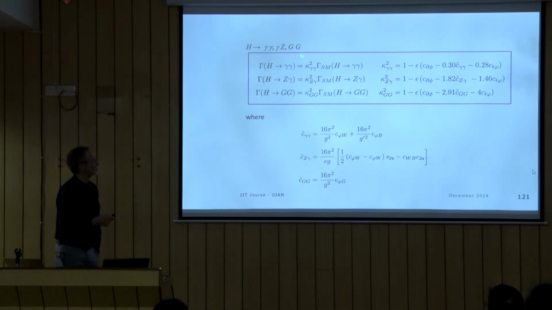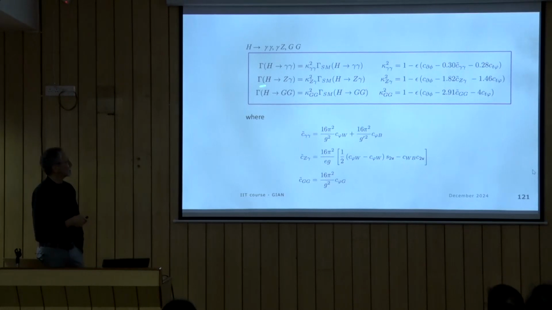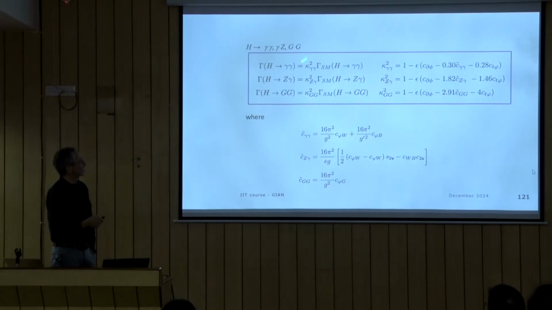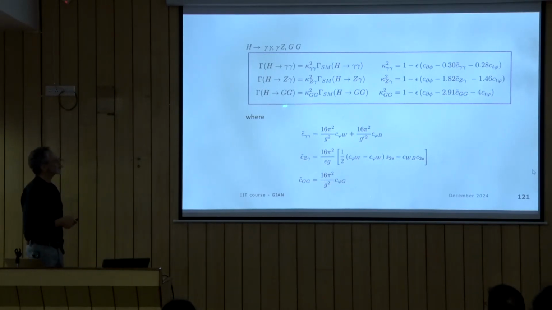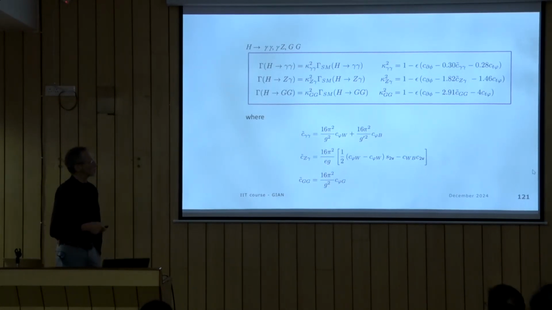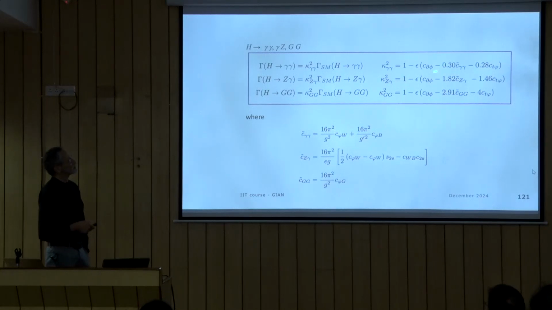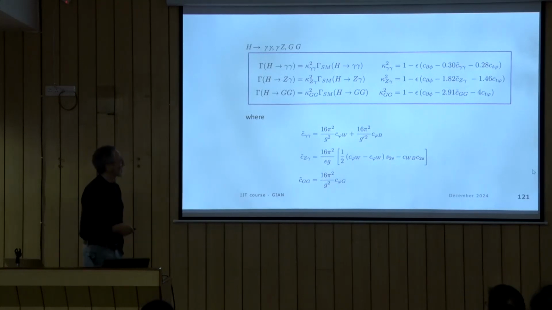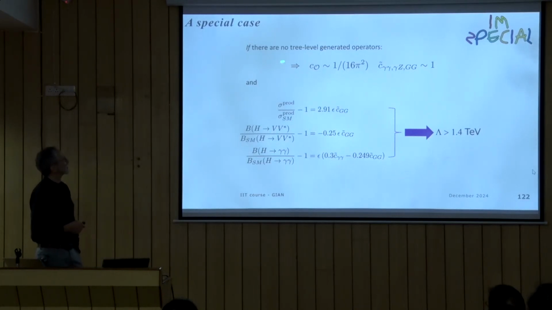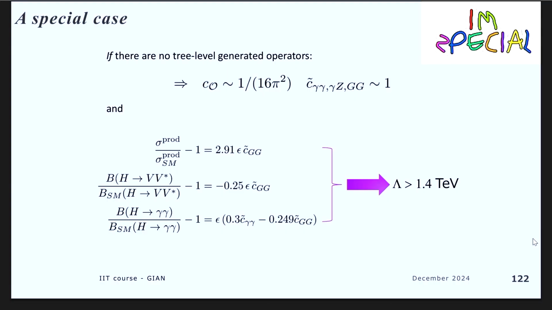The data that we can obtain relatively easily is not sufficient to be able to distinguish all possible combinations of operators. So it's impossible to differentiate between a non-zero Z gamma gamma and a non-zero c_D5, for example. But there's one exception, and that corresponds to the case where all operators are loop generated. In that case, this is true.